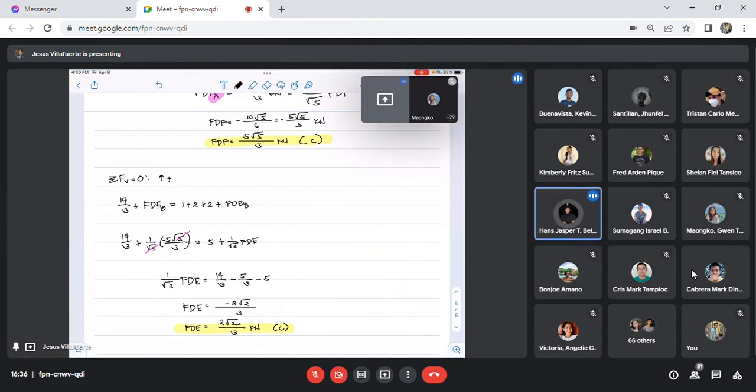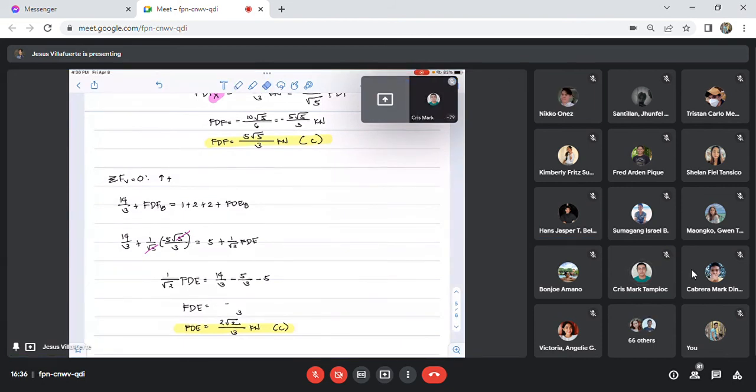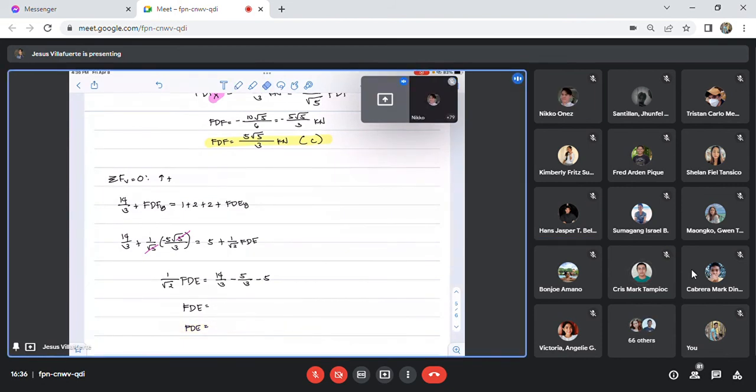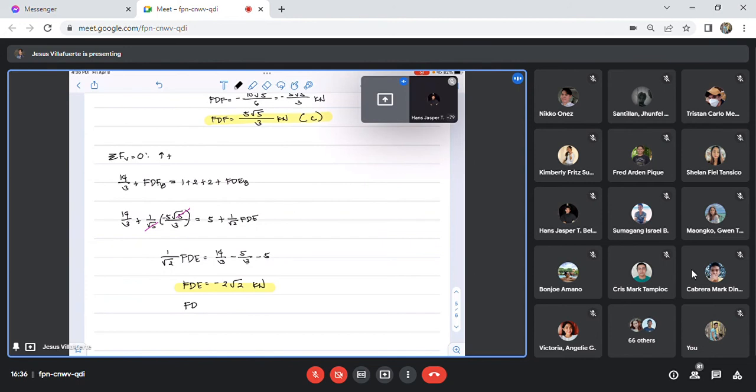Dapat negative 2 the square root of 2 na lang. So negative 2 the square root of 2. Tama, very good. Kilonewton. Sakto, no? Thank you, sir. Yes. So this is FDE, 2 the square root of 2 kilonewtons.